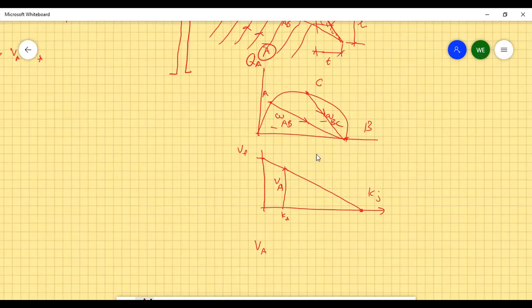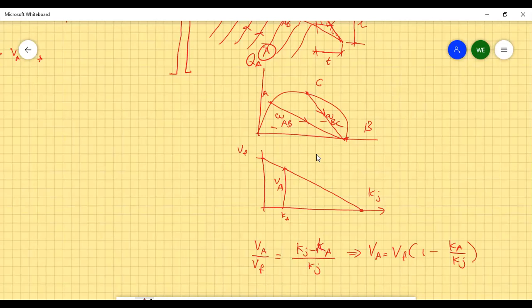VA over VF. The relationship between VA and VF is similar to the relationship between this height to this height. So it's basically Kjam minus KA divided by Kjam. So in other words, we can say that VA equal VF multiply 1 minus KA over Kjam.